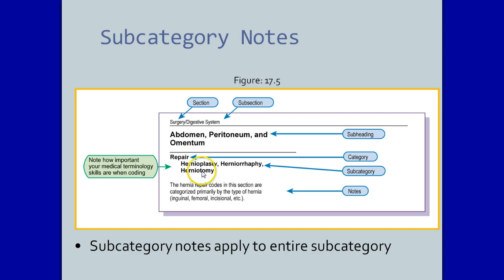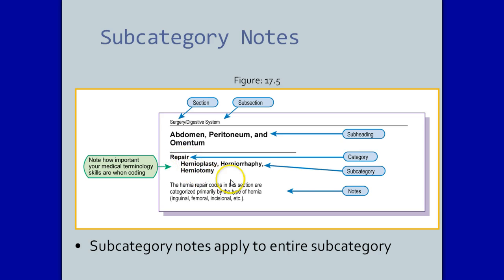So a hernia, basically, because we're dealing with the digestive system, and a lot of people get hernias in their abdomen. It's telling us here that it is very important to know medical terminology and anatomy, because once you know it, it all comes together. So here we have our other notes that reference the hernia category, which is under repair.